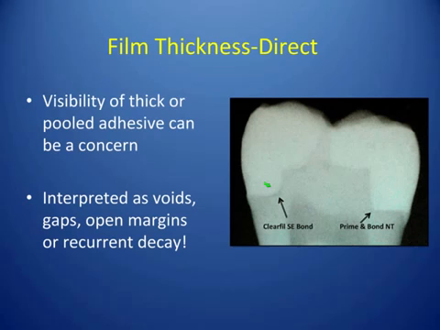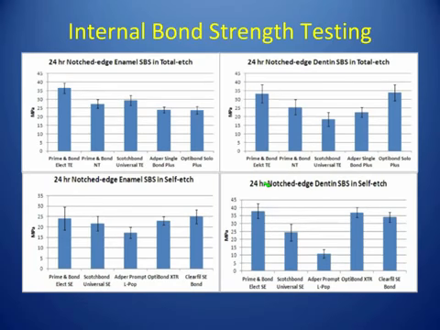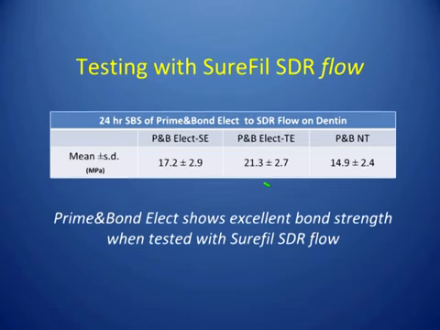We have some really nice test data to show the consistent bond strengths you get with Prime and Bond Elect, whether you use it in total etch or self-etch modes, and whether you're attempting to bond to either enamel or to dentin. So the consistency of this product across substrate is excellent. We also went out of our way to test this with our base materials, so SureFil SDR Flow, which is a popular flowable bulk fill 4mm material, which acts as a base.